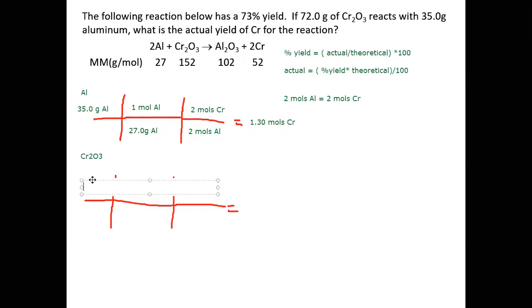Do the same thing for chromium 3 oxide. Divide by its molar mass. Now here the mole ratio is 1 mole of chromium 3 oxide equals 2 moles of chromium.